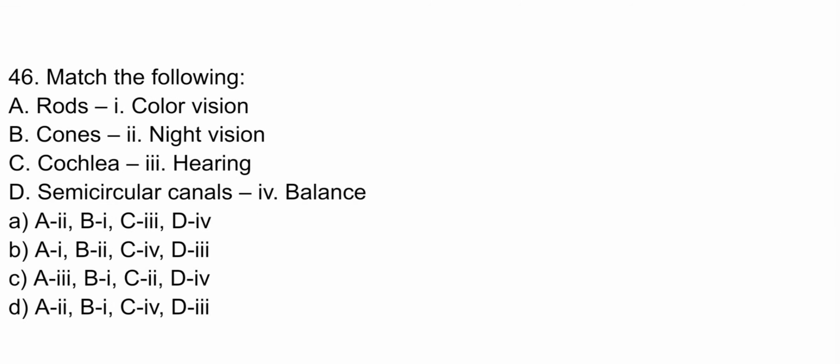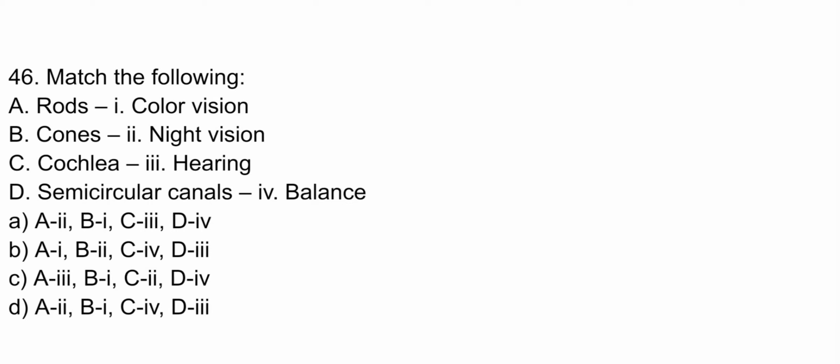Question number 46. Match the following with the correct option given below. In option A, rods. Rods for what? In option B, cones. Cones for what? In option C, cochlea. Cochlea for what? In option D, semicircular canals. Semicircular canals for what?